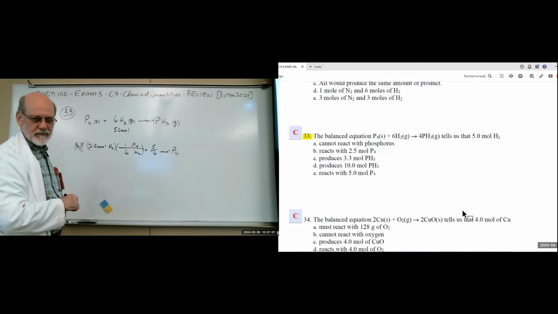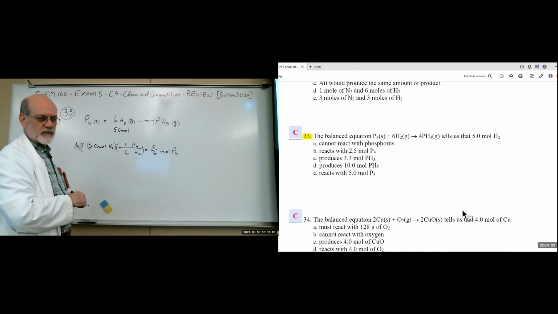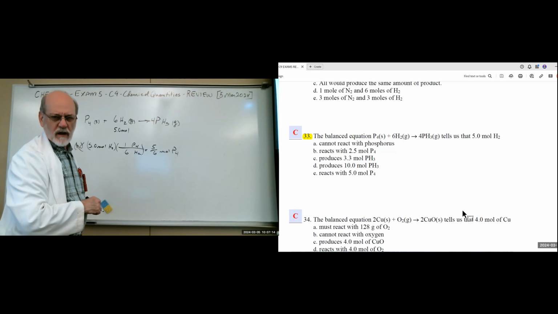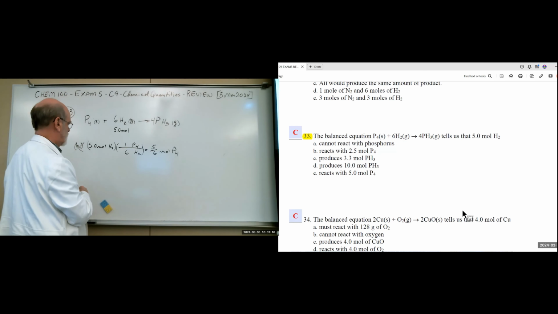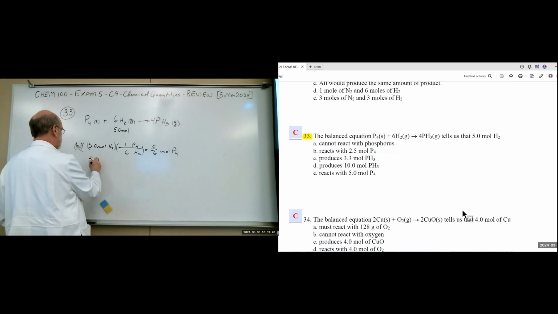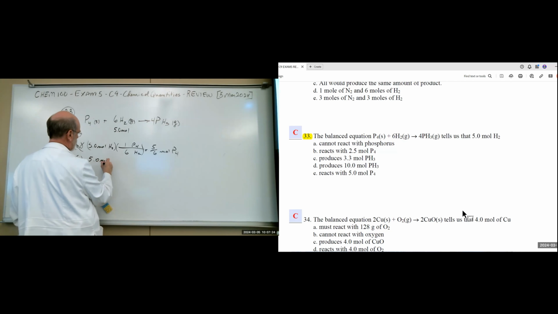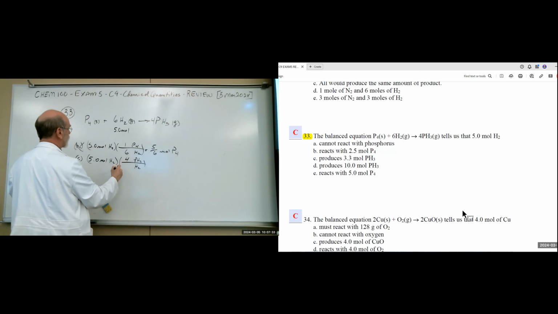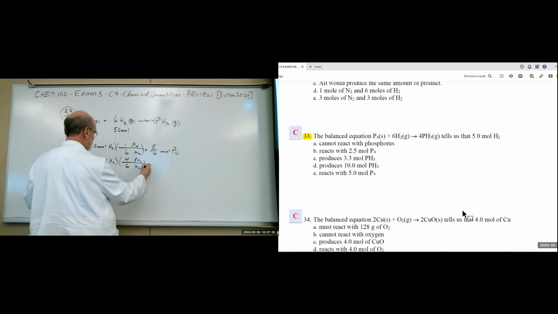How about C? Produces 3.3 moles of PH3. Oh, okay. Yeah. This is C, 5 moles of hydrogen. Now we want to convert hydrogen to PH3. And the ratio is 4 here, 6 there.